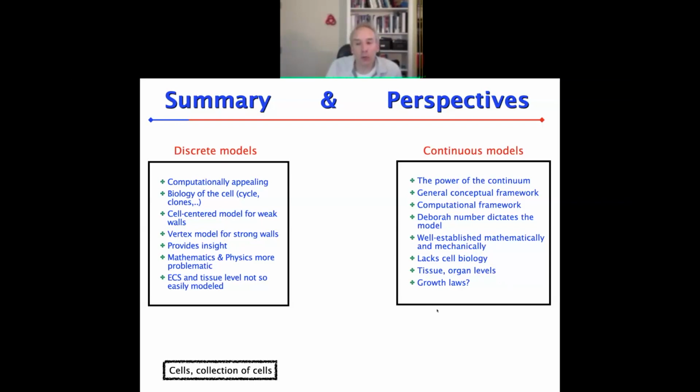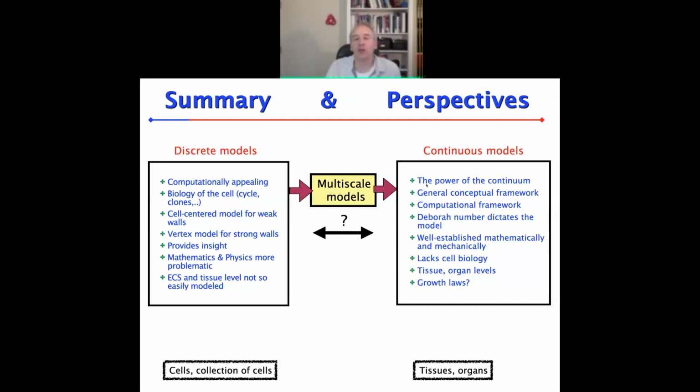Now, as far as growth is concerned, the real question is, how do we write a general growth law that relates not only to the genes, but also to other mechanical quantities, like growth related to stress? So this is good at the tissue and organ level. And often the question, as you can suspect, is how the two connect. The typical physics approach is that you have a bunch of atoms, you upscale them, and you do multi-scale modeling to get to the continuous model.